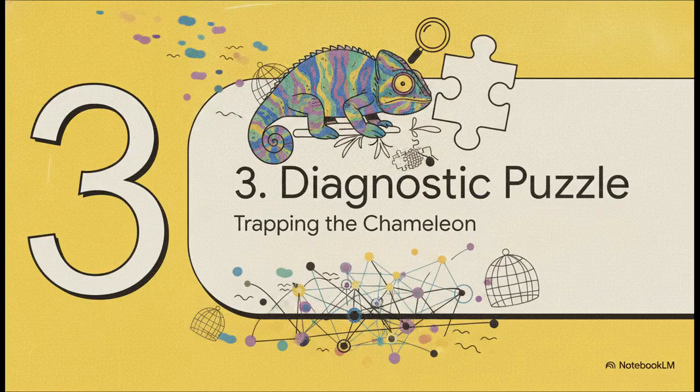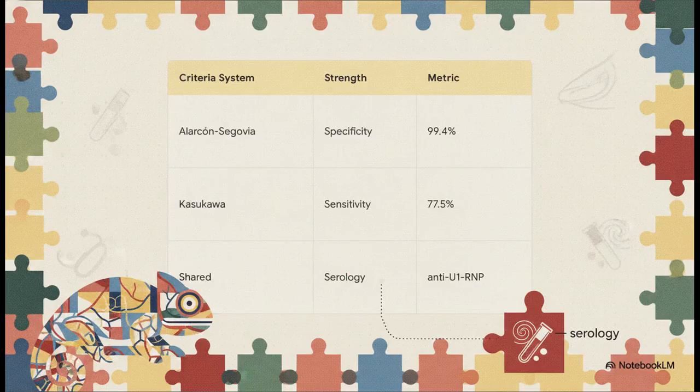Moving on to Section 3, the diagnostic puzzle, trapping the chameleon. Because these symptoms mimic other conditions and, as we said, kind of just trickle in over a long period, figuring out what's actually going on is incredibly challenging. To lock in a diagnosis, doctors have to rely on established classification criteria.